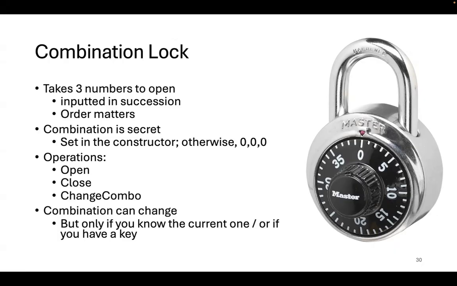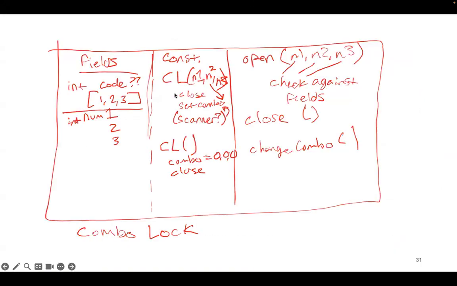But this won't count for a grade. And maybe half an hour, 45 minutes, I'm going to have you work on this. Try and write a class that does this. And so we've got the ideas of here's the fields, the constructors, the methods. And so you try and implement this. And then when we come back, I'll show you my way of doing it, and then we can go from there.